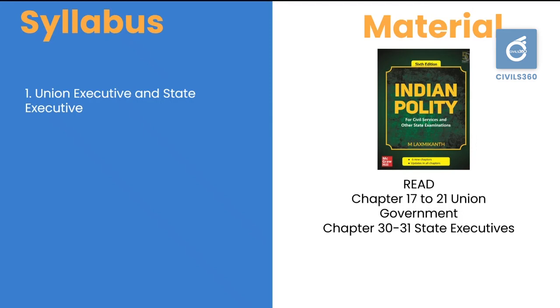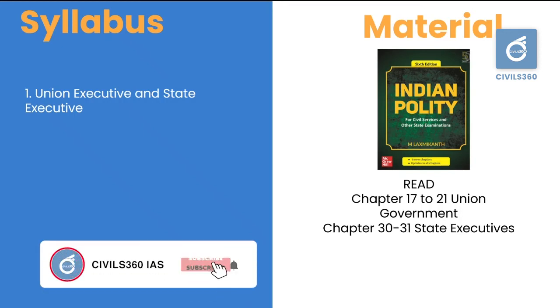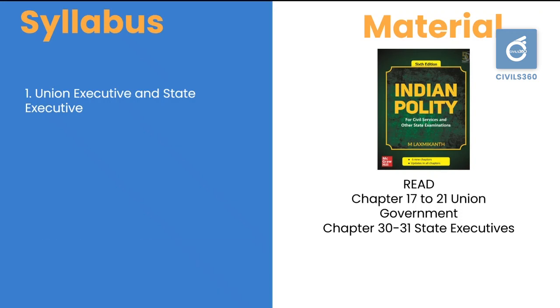Here you will be identifying what the structures are, how they function, and what the major features and components are. All these will be learned under chapters 17 to 21, that is 5 chapters for Union Executive, and 30, 31, and I think 32 is also there for State Executives. Go through that also.